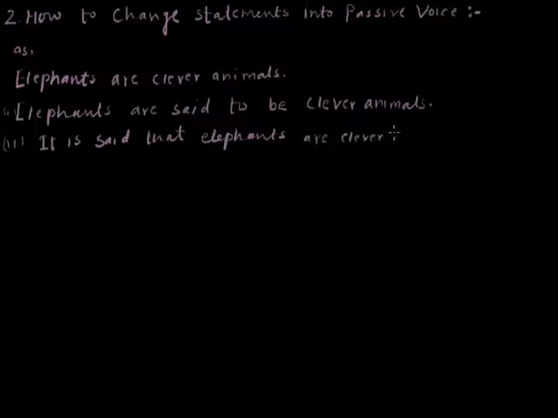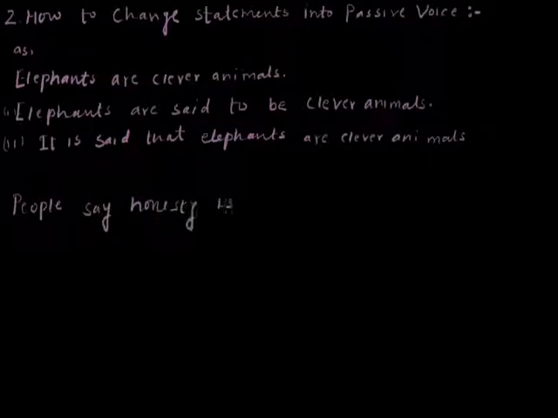Okay, let's see some more examples. People say honesty is the best policy. In this sentence also, honesty is the best policy is a plain statement, and this we have to change into the passive voice. So we can change this sentence into the passive voice like the sentences given above.